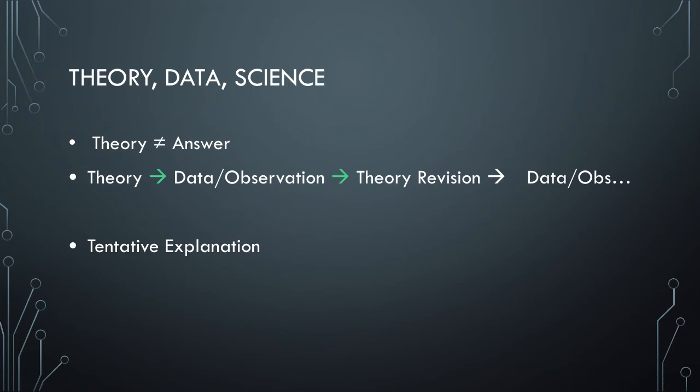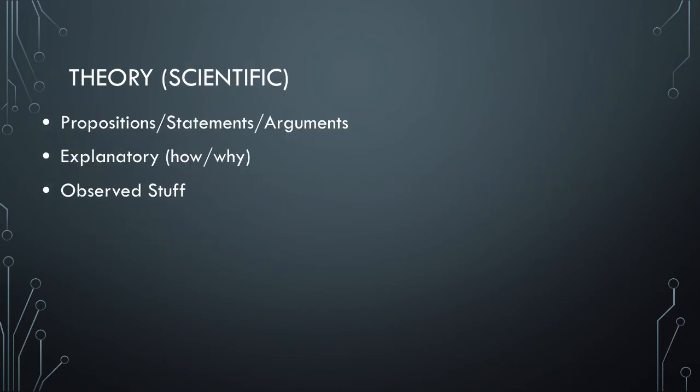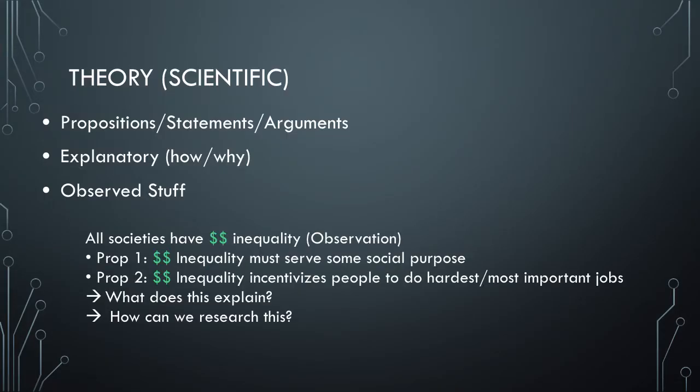Right? So keep in mind also that theories often shape our fundamental assumptions. So if we go back to our previous slide, pardon me, think about that first proposition, that inequality must serve some social purpose because it's in all societies. That's a pretty big assumption. Right?